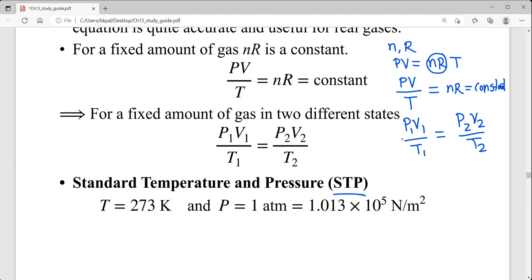Standard pressure means 1 atmospheric pressure, which in standard international unit is 1.013 times 10 to the power 5 Newton per meter square, or this unit is also called Pascal, Pa. So 1 Pascal is equal to 1 Newton per meter square. If you see Pascal in some numerical problem, you just need to know that.